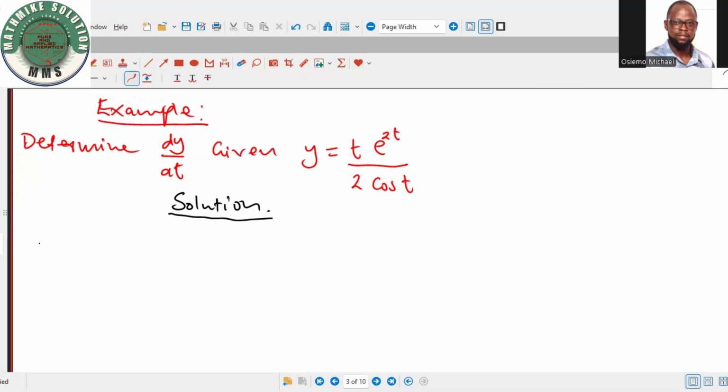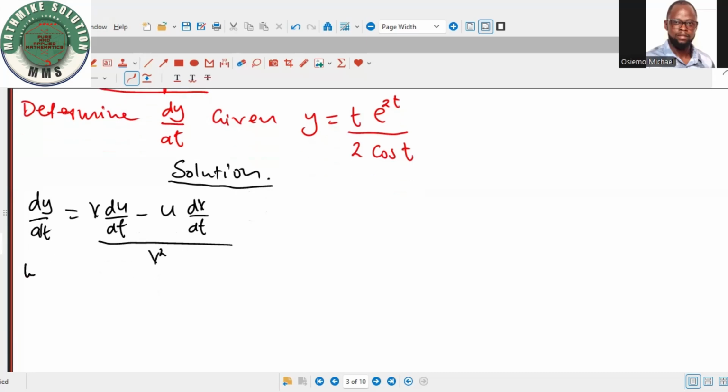The quotient rule says that dy dt, in this case, will be equal to v du dt minus u dv dt, and all this over v squared.